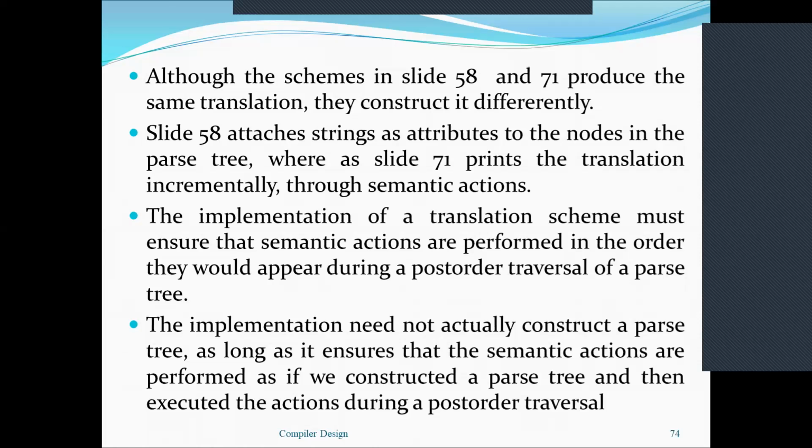So we understood what a post-order traversal does. We understood how the semantic actions are taken, how these actions are added to the parse tree with special dotted lines, and what the result of this semantic analysis is in the construction of the parse tree.